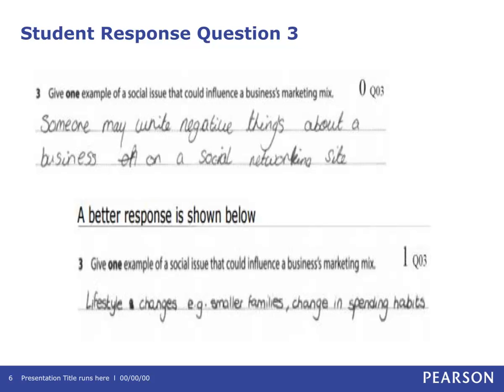Many provided incorrect answers, such as economic influences or competition, and a number of weaker students simply failed to provide a valid response at all. Awardable answers are life expectancy, demography, poverty, unemployment, lifestyle trends, buying habits, spending habits, population, trends.